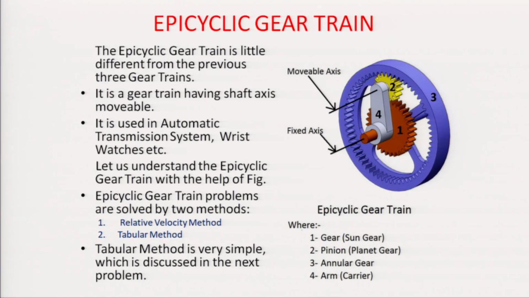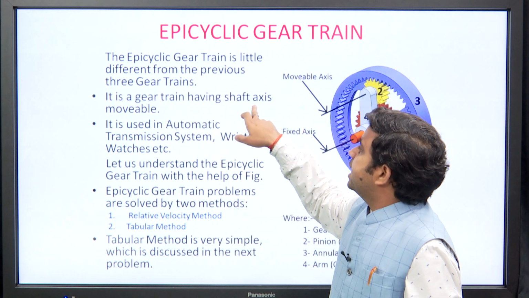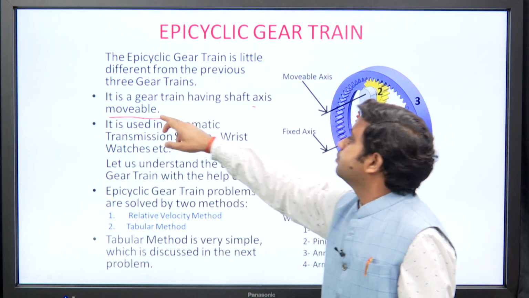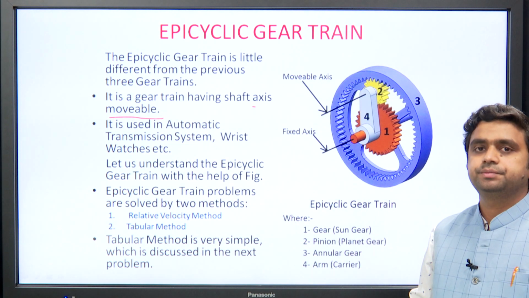Now, the last one is the epicyclic gear train. The epicyclic gear train is a little different from the previous 3 gear trains. In the epicyclic gear train, the shaft axis is movable, means any shaft axis may move.